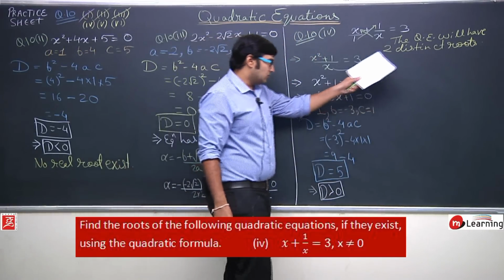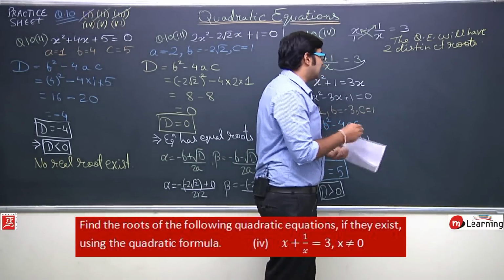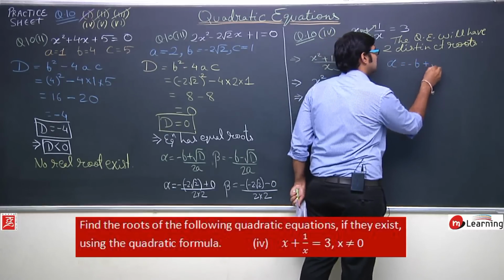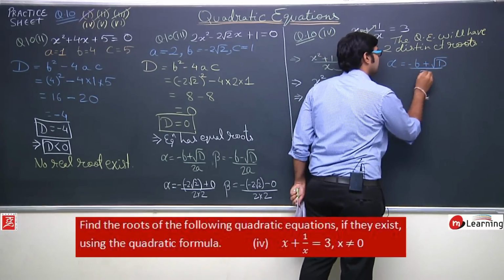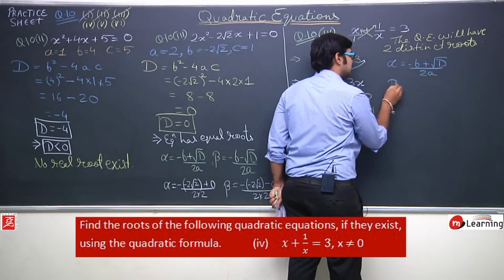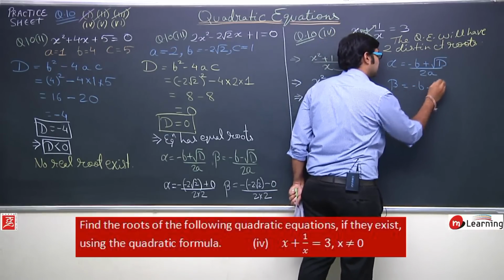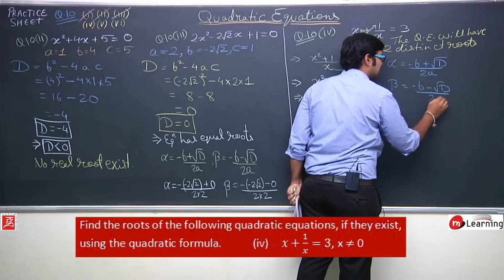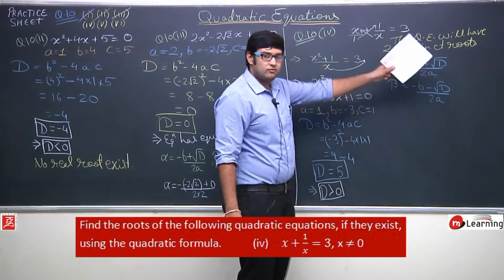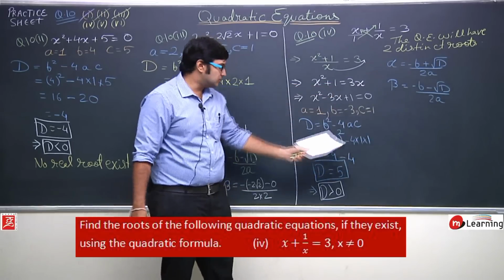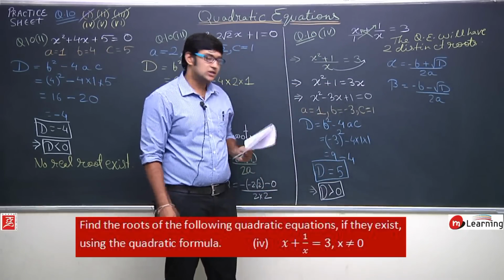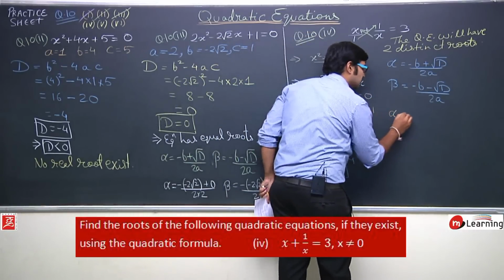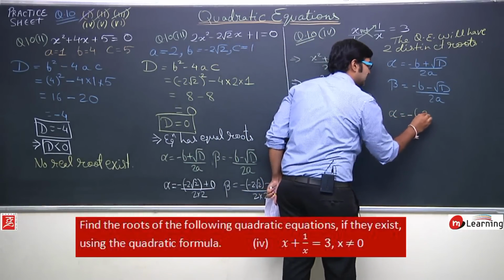Okay, so by this I can write that alpha is equals to minus b plus root d upon 2a and beta is equals to minus b minus root d upon 2a are the two roots of this quadratic equation. So in place of b, a and root d, I can substitute the values obtained from this part. So the value of alpha will be equals to minus of minus b is 3.